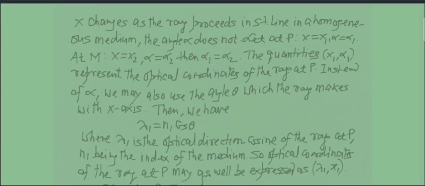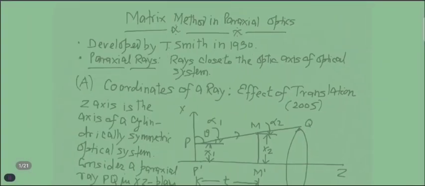These two lines are parallel, as both of them have been drawn parallel to the z axis, and PQ is a transversal.